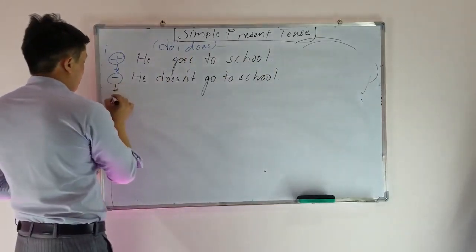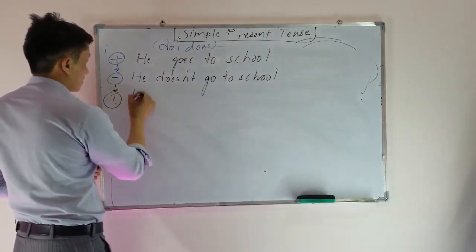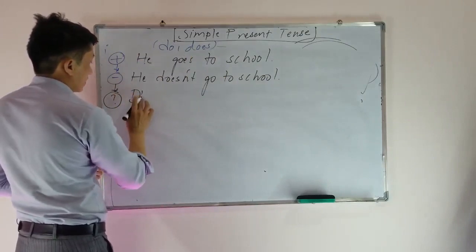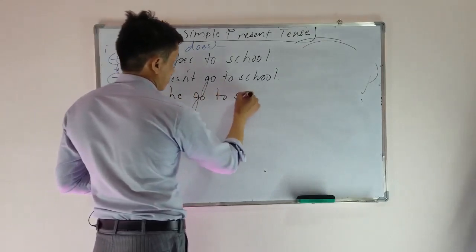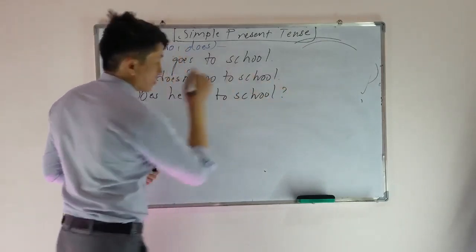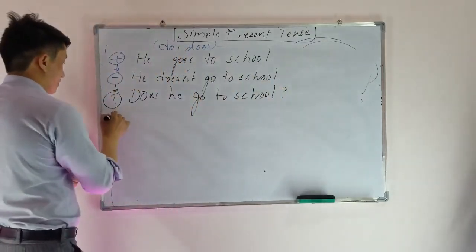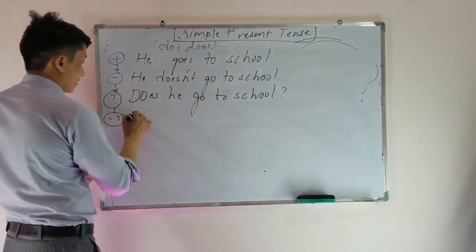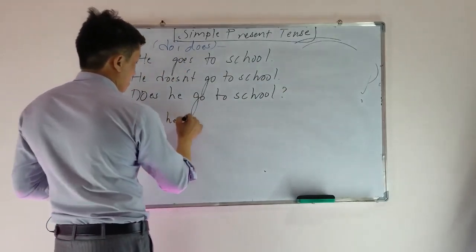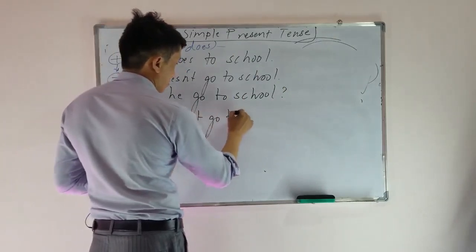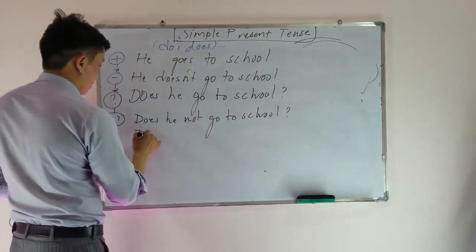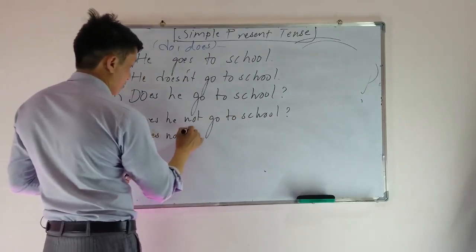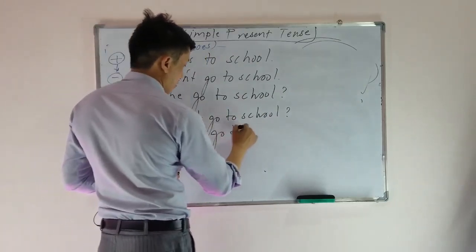And how can you change it to a question, or interrogative? We use the auxiliary verb at the beginning: does he go to school? How can we change it to negative interrogative? We say, does he not go to school? And also the other form: does not he go to school?